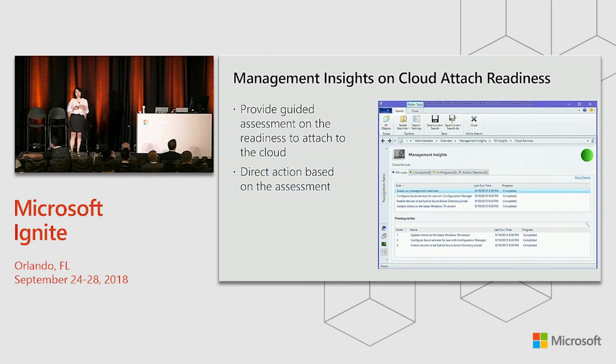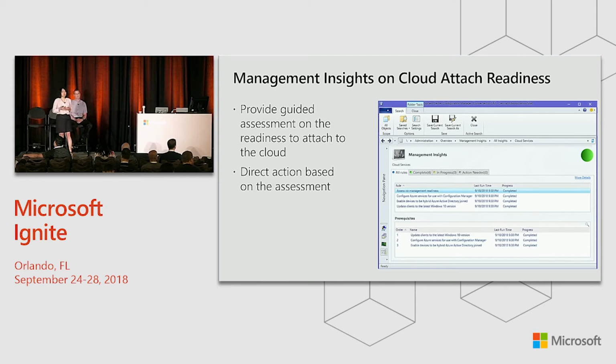So with all these things that you need to get ready, is there a way for you to tell how close you are? And yes, there is. ConfigMgr, starting in 1802, has a feature called Management Insights. ConfigMgr has been collecting a wealth of data from your devices, so we want to also use this data to help you make some data-driven decisions.